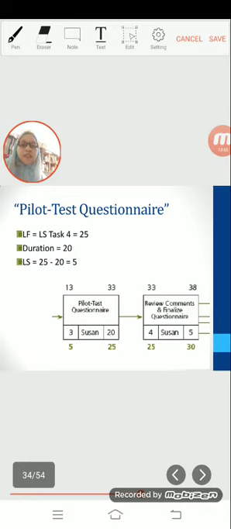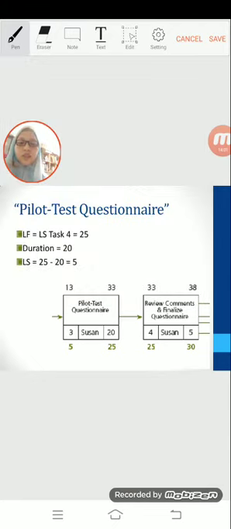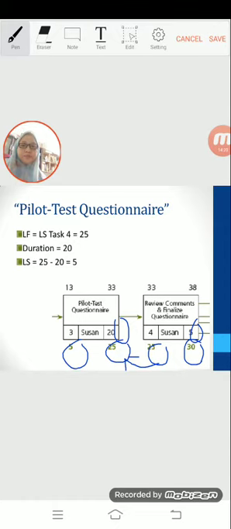Okay, pilot test questionnaire. Here we have 30 minus 5 equal 25. 25 bring backward. 25 minus 20 equal 5.